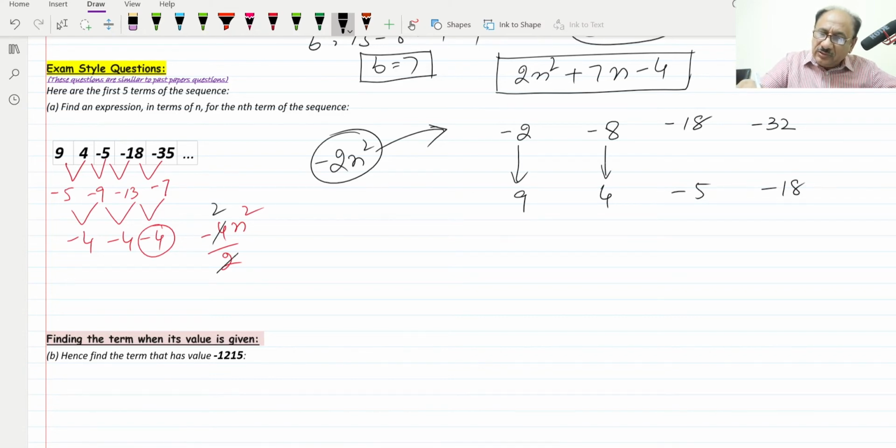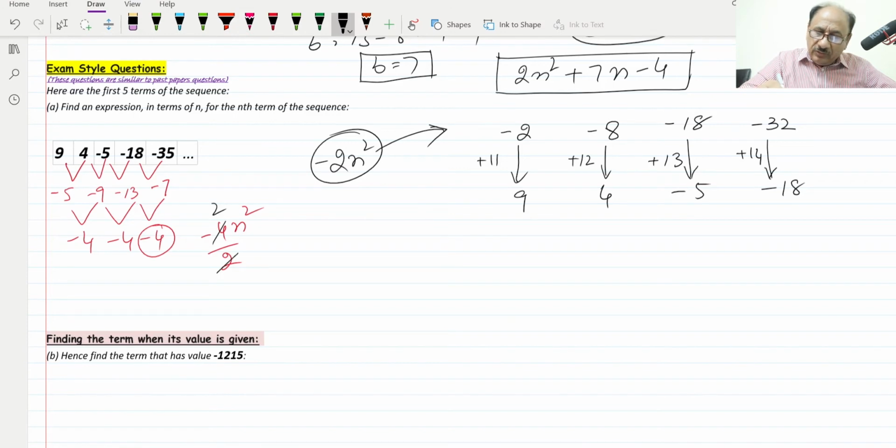So we will be checking how we can get the next term, and this will be minus 2 and plus 11 will be resulting to 9. Similarly, this will be plus 12, minus 8 plus 12 will be resulting to 4, and minus 5 and plus 13 will be resulting to minus 5, and similarly if we add plus 14 in this, we will get minus 18.